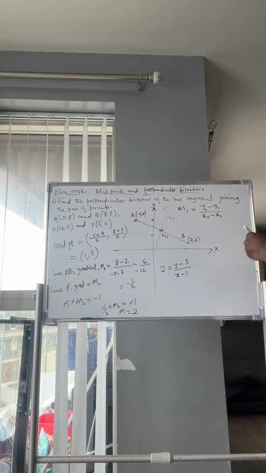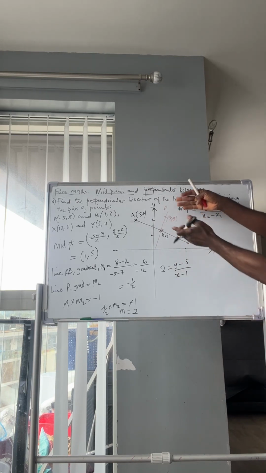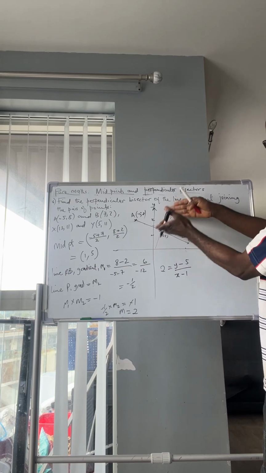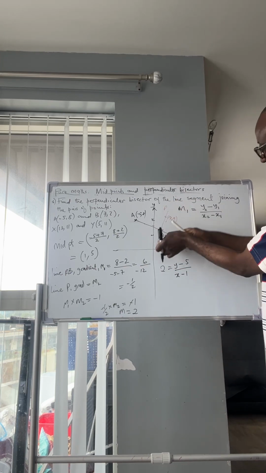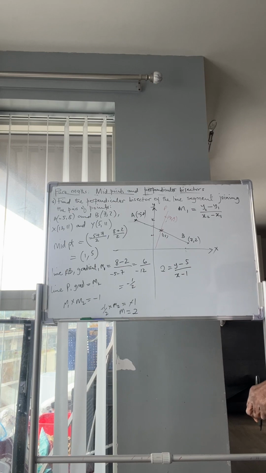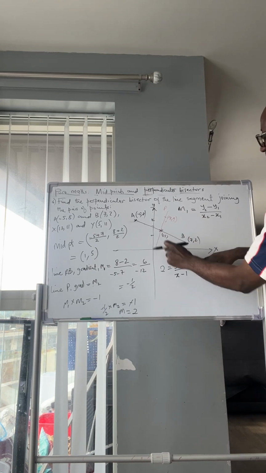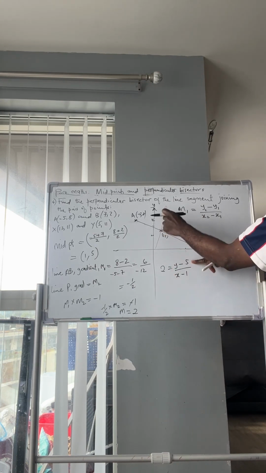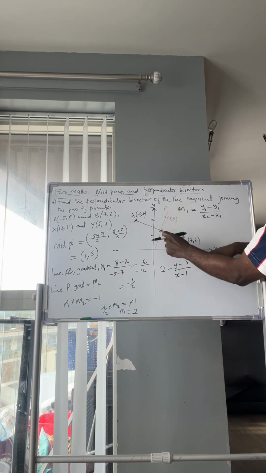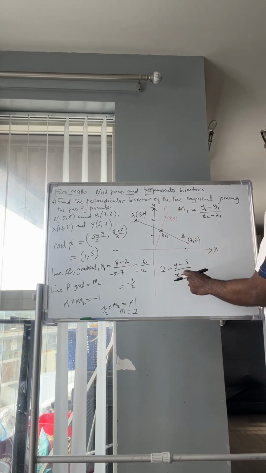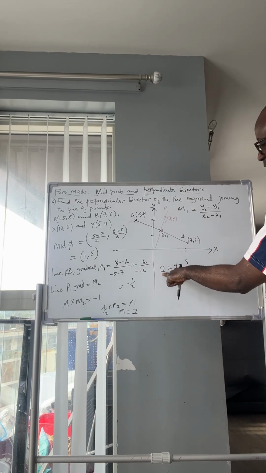That's what we have done. We know the gradient, so we can choose any two points. We know one, we can choose any other one, and then we form this equation. So the rise, which is y minus 5, and the run, which is x minus 1, must be equal to the gradient 2.